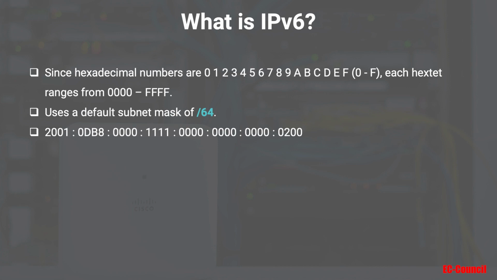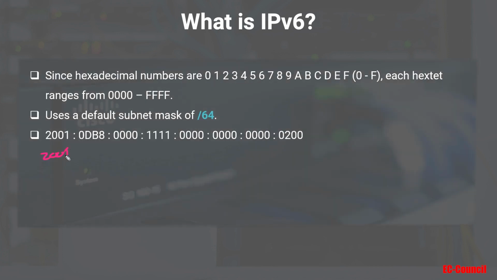This here is an IPv6 address written in its full format. However, it is important to know how to shorten this address. So let's take a look at writing a shorter version of this address. Since this 0 here has no value, we can exclude it. Additionally, the letters are not case sensitive, so we could write them in lowercase letters if we please.